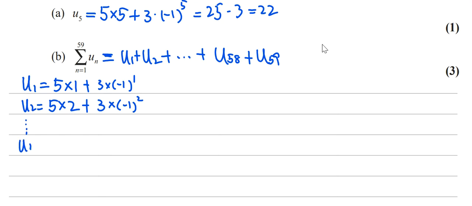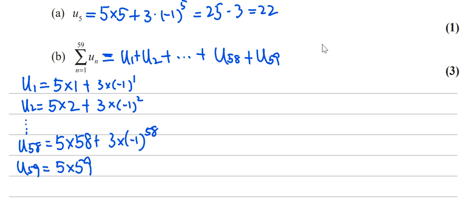Then your U58, I guess you already know. It follows a pattern. So the 59th term will be 5 times 59 plus 3 times -1 to the 59th power.